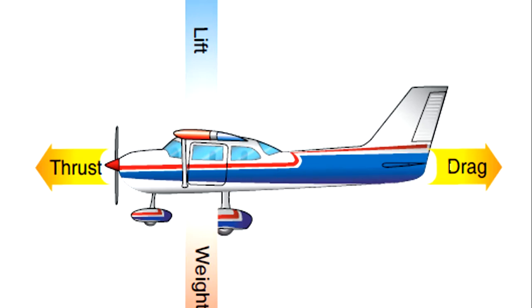Thrust force is when the engines push the plane forward. Lift is when air passes and enables the plane to take off. So these are the different kinds of forces that act on a plane.